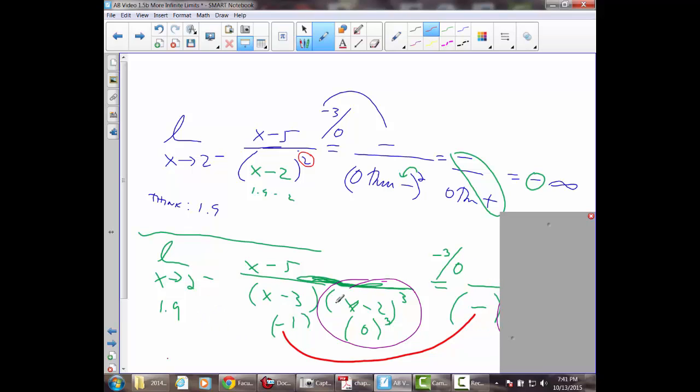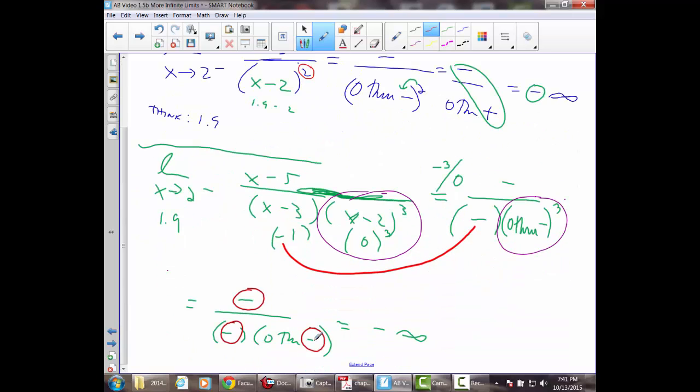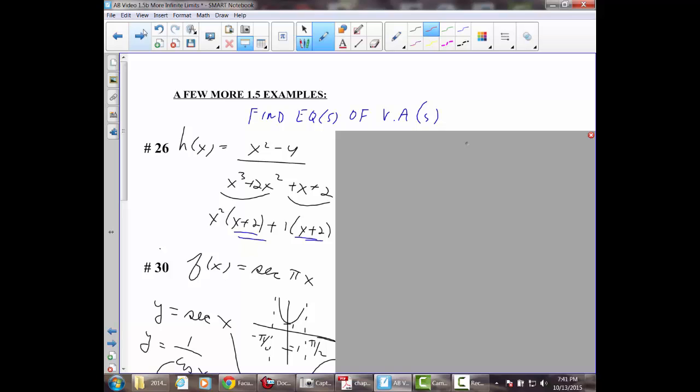But here, this is the culprit, this is the problem, this is what causes a denominator of 0. So if I think of 1.9 here, 1.9 minus 2 will approach 0 through negatives, and then I am cubing that. Well, when you cube a negative, you get a negative, and you now have 3 negatives multiplied and divided, which will give a negative.